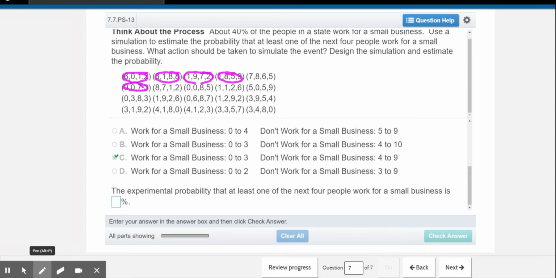This works. This one works. This one works. And this one. All right, again, I'm looking at least one person, numbers 0 through 3. At least. Now, be careful. On your question, it might say exactly 1 or exactly 2, exactly 3.